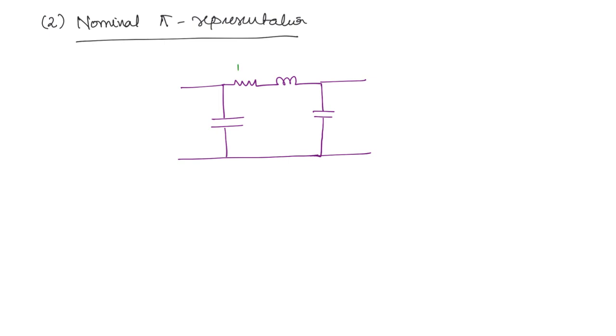This is going to be R and this is X. This is the sending end current and sending end voltage, and here you have Y by 2, Y by 2. We have divided into 2 equal halves. This is the receiving end current and voltage. Now this current we will take as I, and this is the charging current at the sending end side. This is the charging current at the receiving end side.